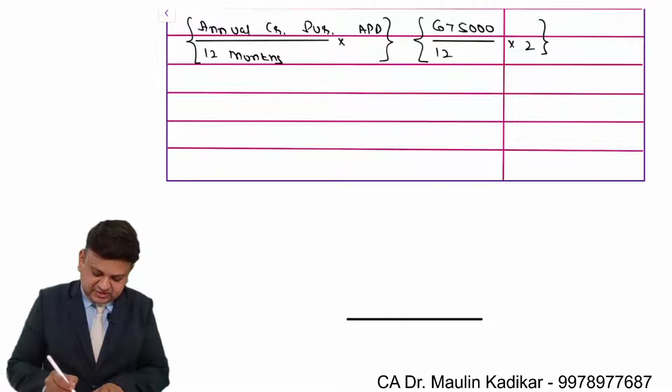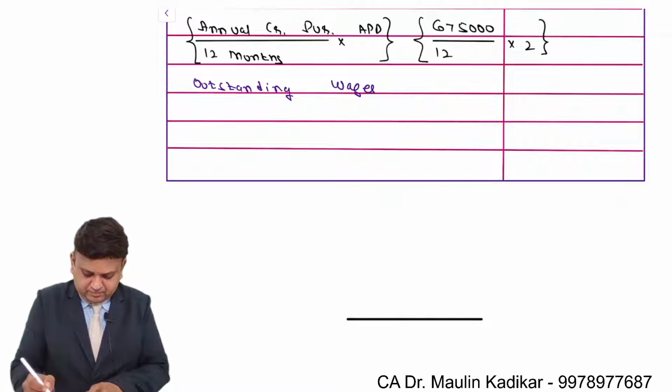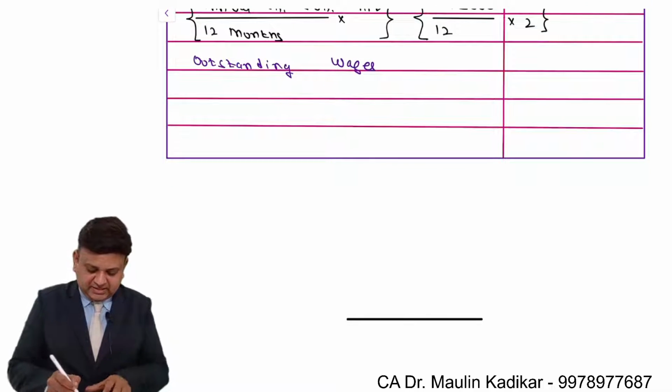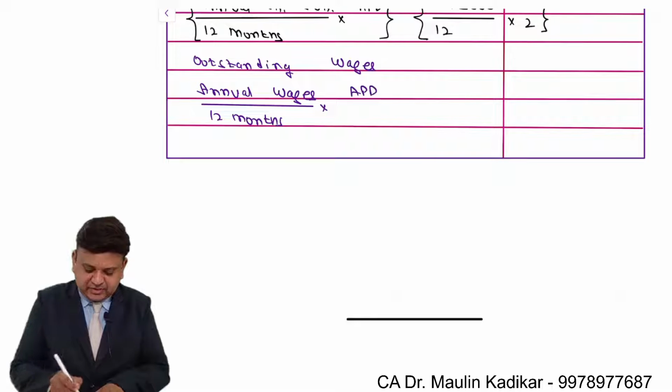So outstanding wages is calculated as annual wages divided by 12 months into average payment period.